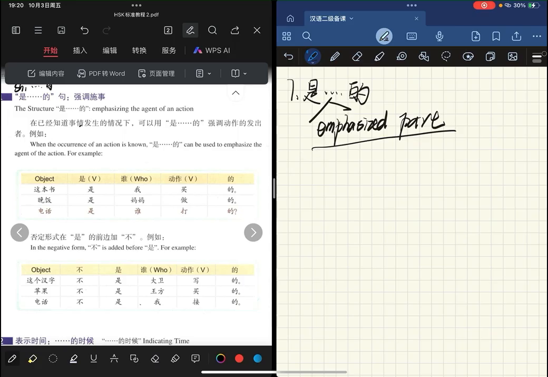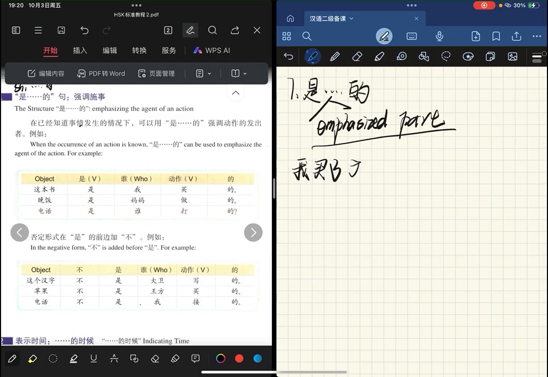I bought this book. 我买了这本书。So if I want to emphasize that the person who bought it was me, I can use the 是的 structure.